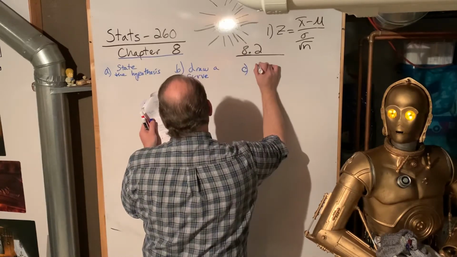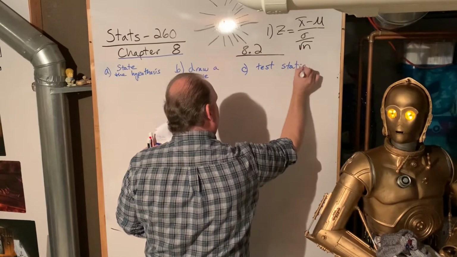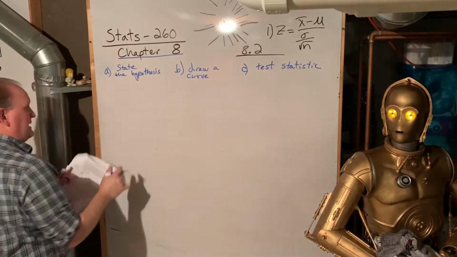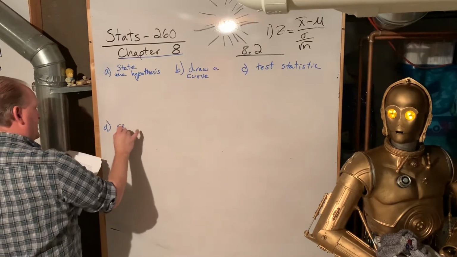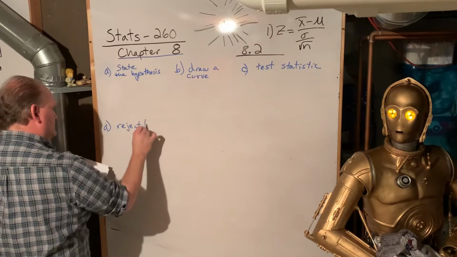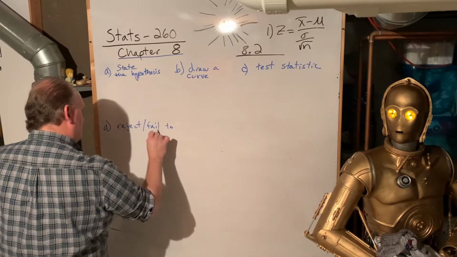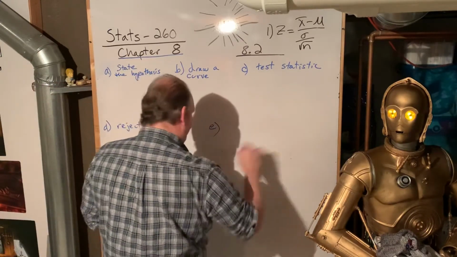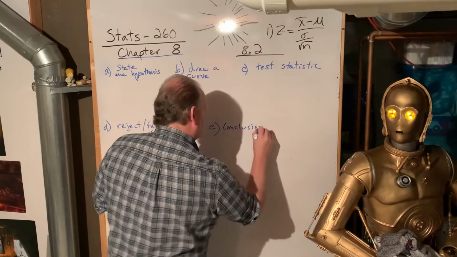C, run the test statistic. And then D is reject or fail to reject. And E is do the write-up. All right.